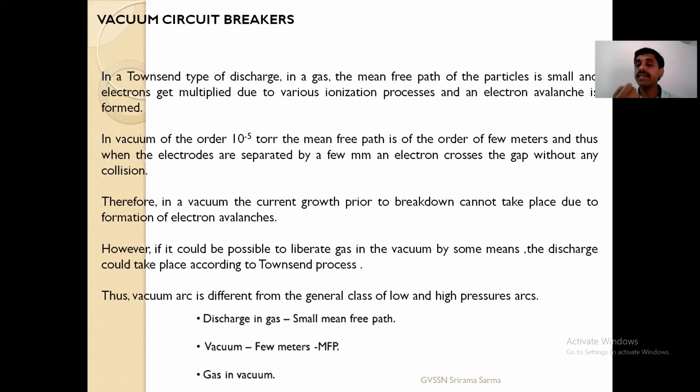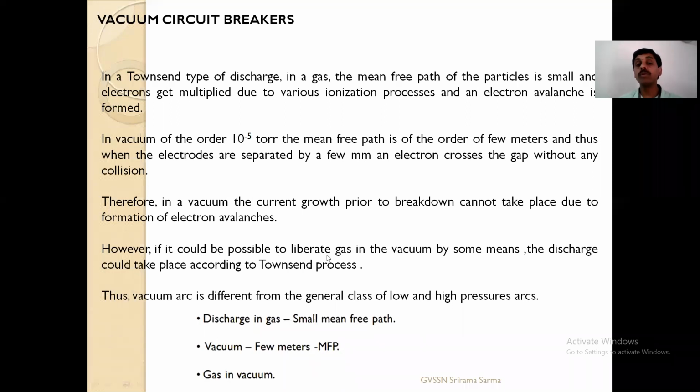Vacuum does not allow this electron movement. So that is the difference between discharge in gas and discharge in vacuum. Therefore, the current growth prior to breakdown cannot take place due to formation of an electron avalanche.